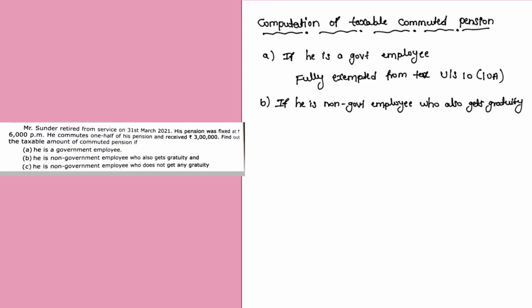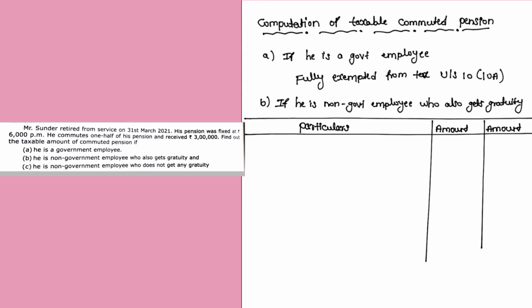In this case, we have to identify the taxable commuted pension amount. Non-government employee who also gets gratuity. So we should follow this format.